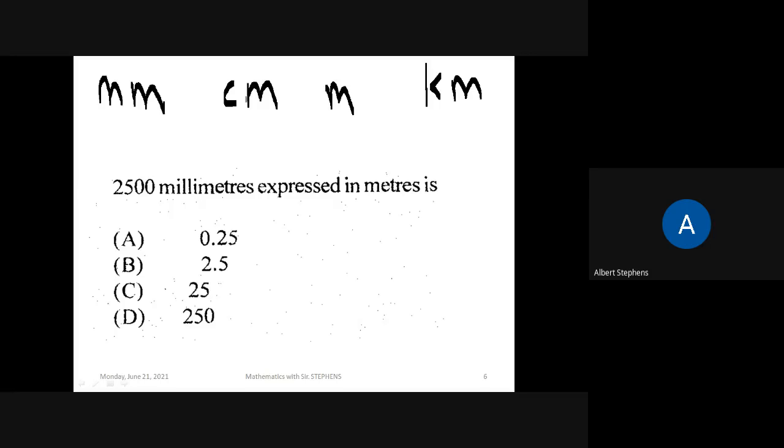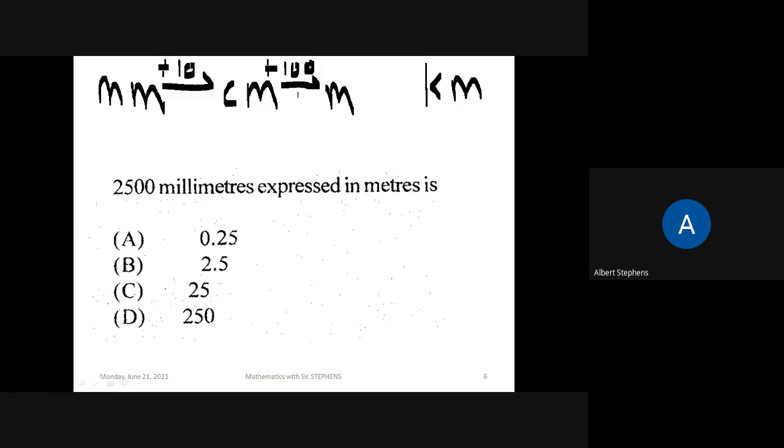But anyways, if you want to convert millimeters to centimeters, you divide by 10. And if you want to convert centimeters to meters, we divide by 100.